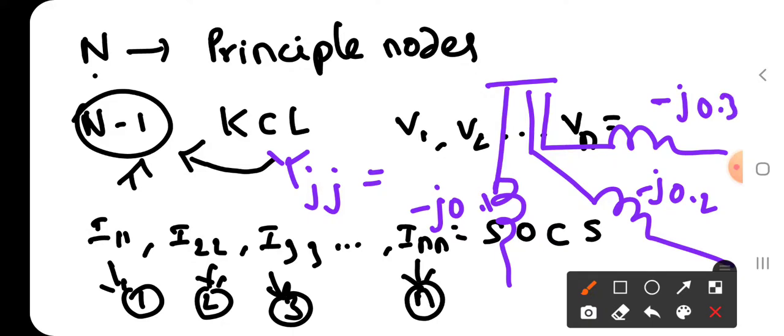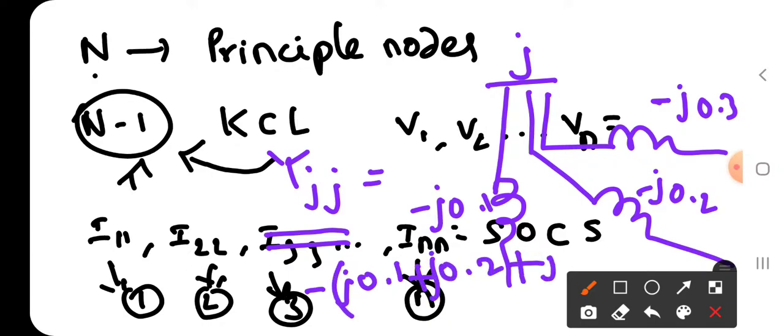What is YJJ? If it is the jth node, then YJJ is equal to minus j 0.1 plus minus j 0.2 plus minus j 0.3. Then how much is this value? Total 0.6, that is minus j 0.6. This is the sum of admittances connected to node j. This is the actual meaning of sum of admittances connected to node j. Okay, did you get this point?